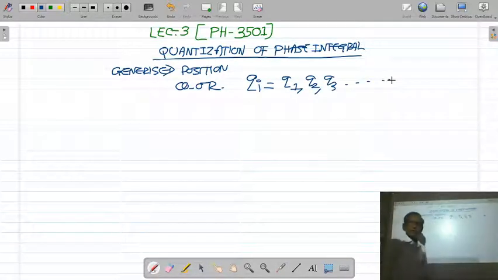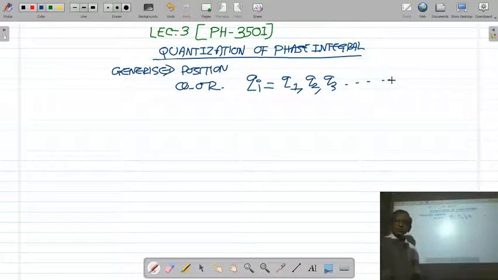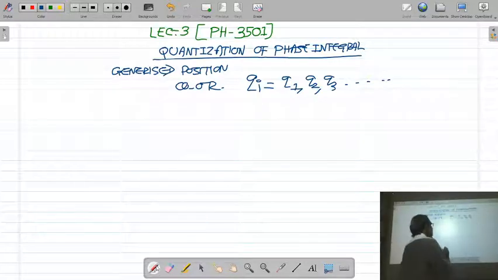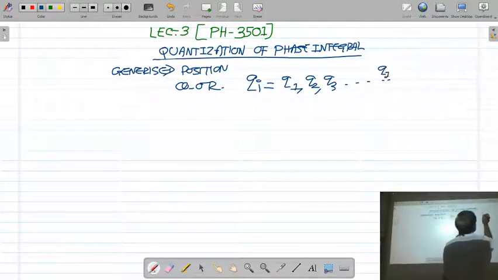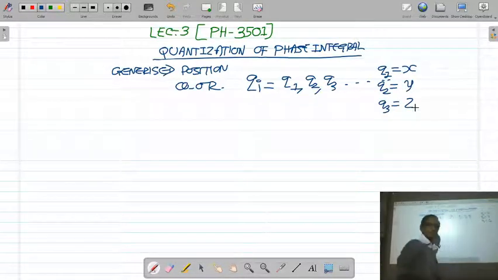Now, generalized position coordinates are denoted by Qi, meaning Q1, Q2, Q3 and so on. If you are working with the Cartesian coordinate system, then you can take Q1 equal to x, Q2 equal to y, Q3 equal to z.